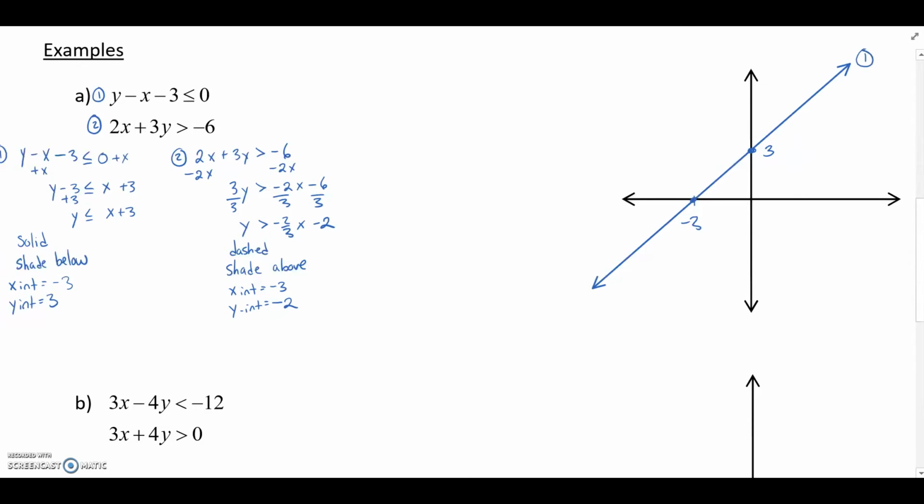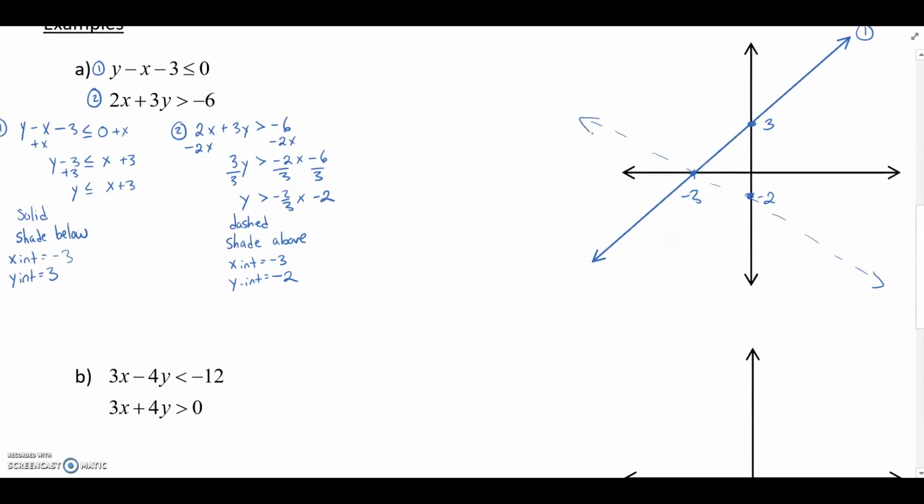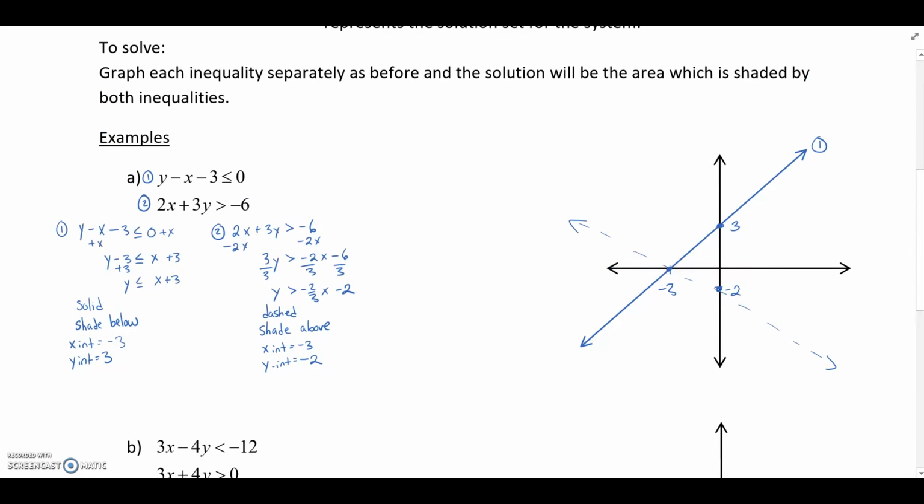And from inequality 2, I've got a dashed line going through -3 and going through -2. So you can see I have arrows at either end of my two lines. Label my two lines here. Inequality 1, inequality 2.